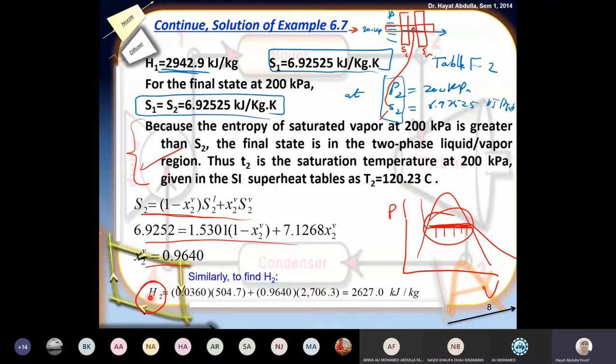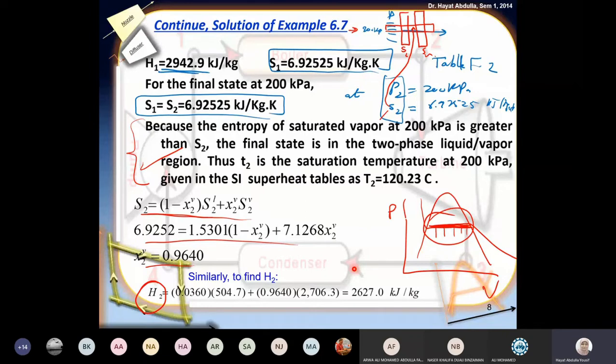What is that equation? The H that you want to calculate is equal to (1 minus X vapor) times H liquid, in other words X liquid H liquid plus X vapor H vapor. Upon substituting, you'll be able to find H2, if they ask for H2.